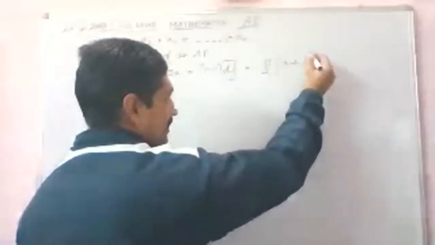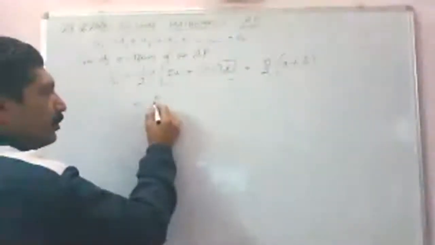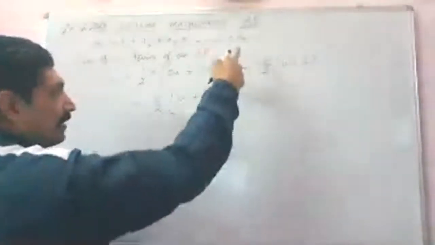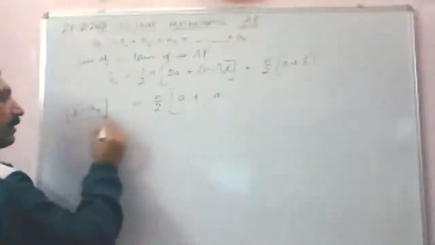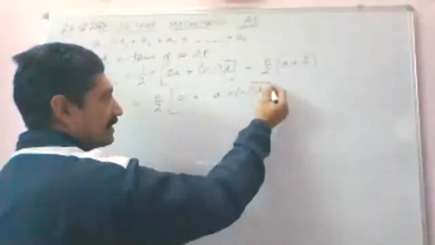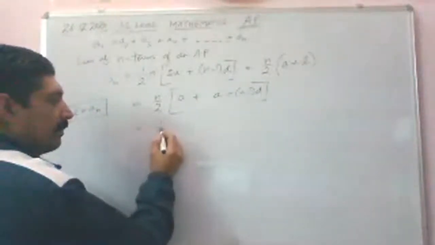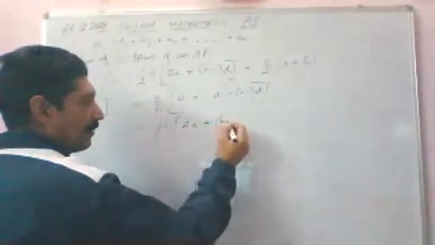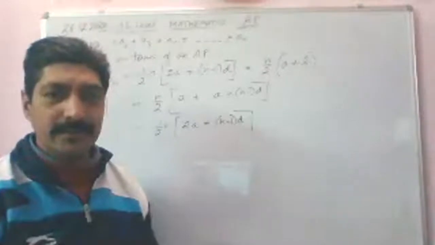I should discuss what this l is here. How does this formula come? From this formula, this is n by 2 into a plus l, where l is the nth term, an. Putting the previous formula, a plus n minus 1 into d, we will get the same formula. Both are one and the same. So we got 1 by 2 n into 2a plus n minus 1 into d, right? So these are the formulas for the sum of n terms.